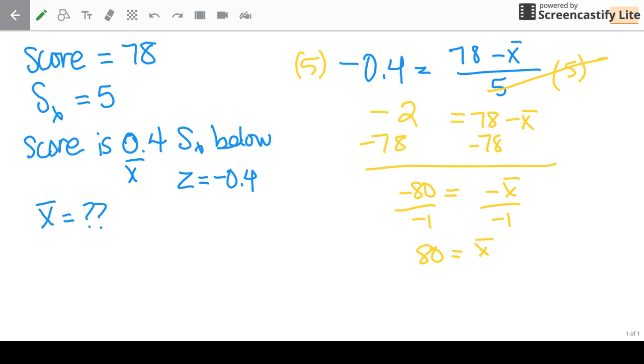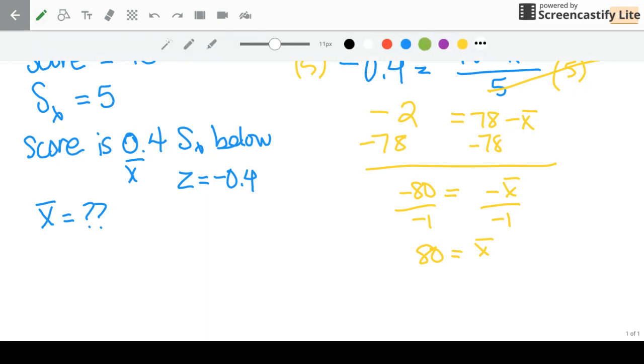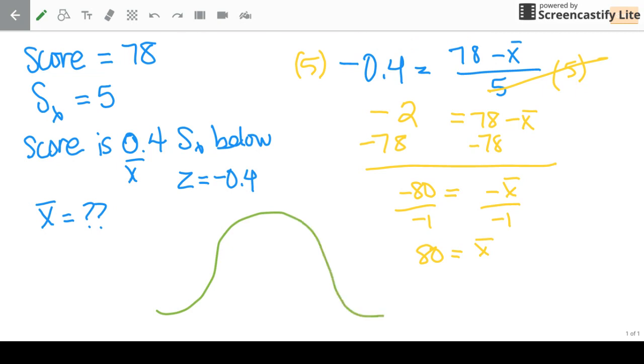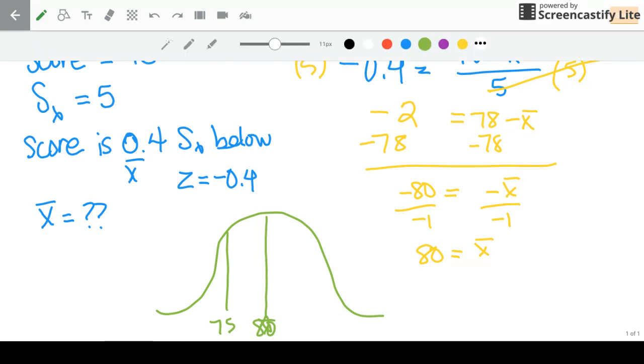And if I look at my curve again, here was the mean, and I knew that the standard deviation is 5. So this would be 80, and this would be 75, and 78 falls right in between.